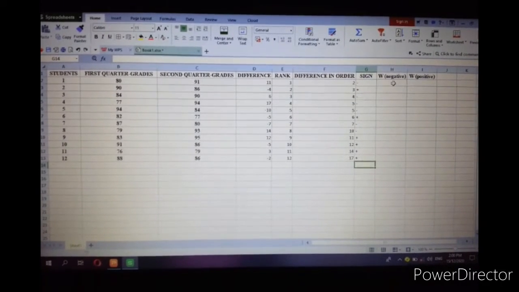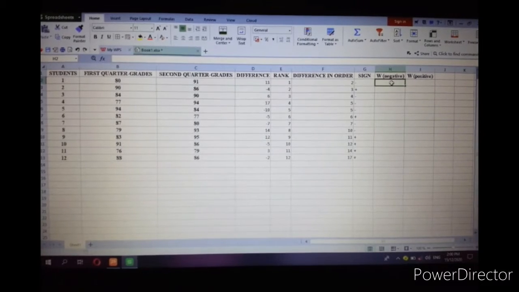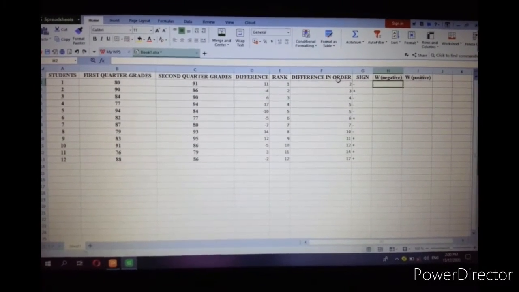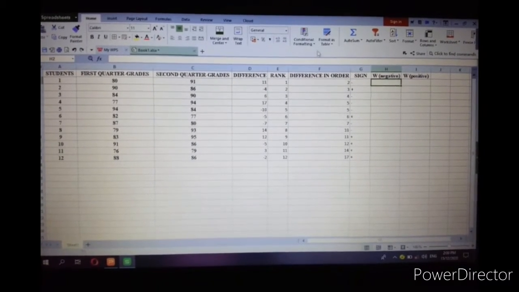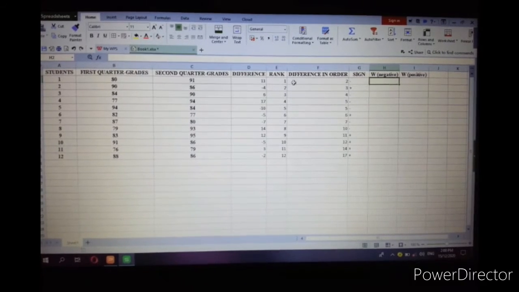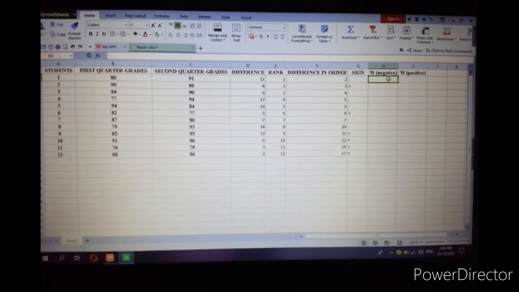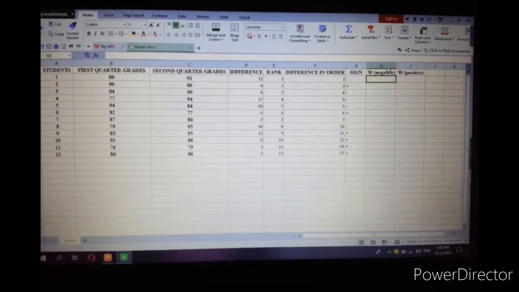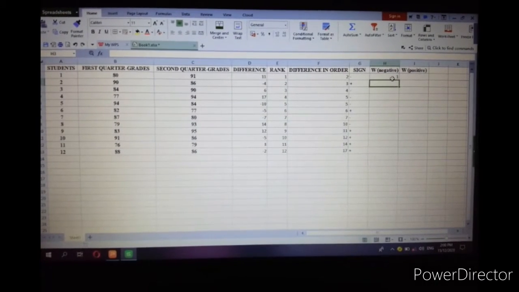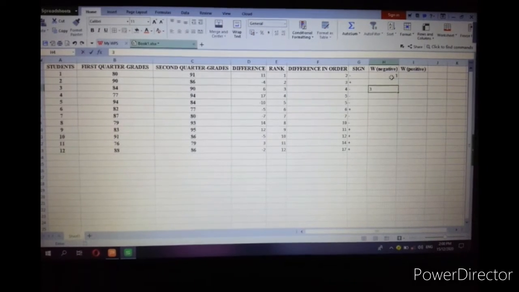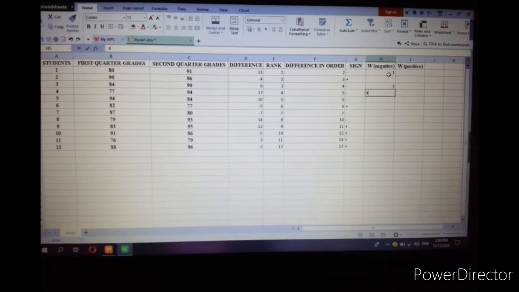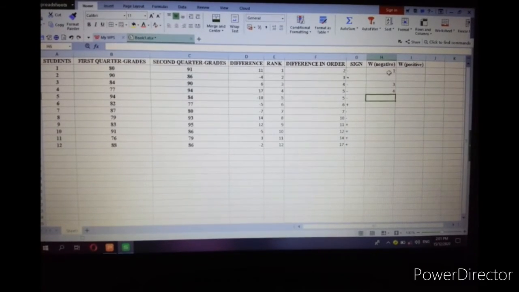First, we need to calculate the sum of ranks of the negative differences. So we don't need to compute the difference in order value. Instead, we're going to add, the summation of the ranks for the negative signs. So we have rank 1 for negative. It's 1. Next negative is 3, the next negative is 4, and the next negative is 5.